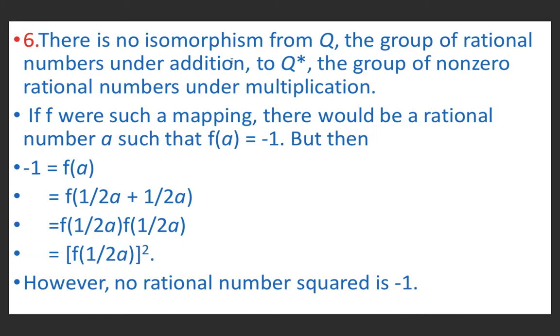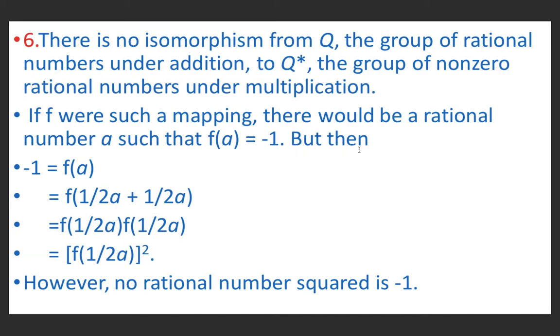Also, there is no isomorphism from Q, the group of rational numbers under addition, to Q star, the group of non-zero rational numbers under multiplication. Here we have excluded 0 from the group of rational numbers, because if we include 0, then it will not be a group. So if f were such a mapping, then there would be a rational number a such that f of a is equal to minus 1.